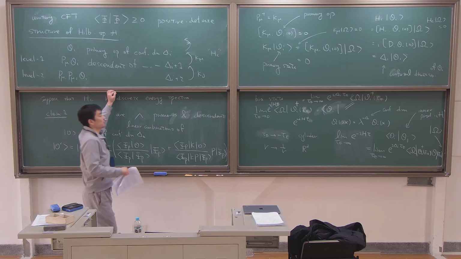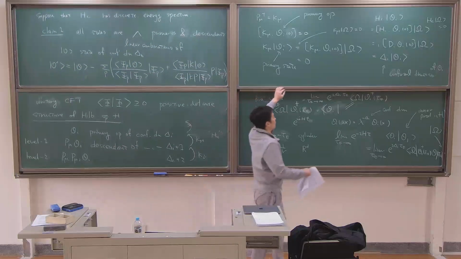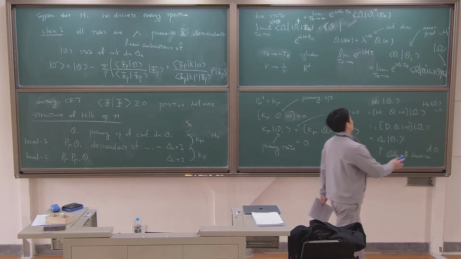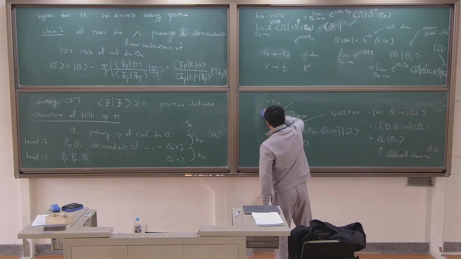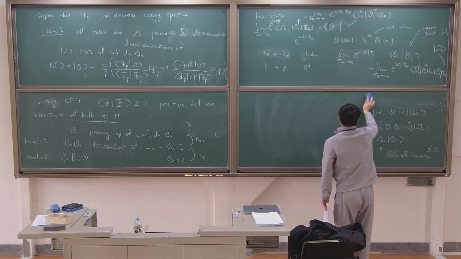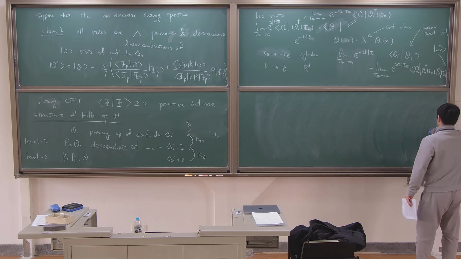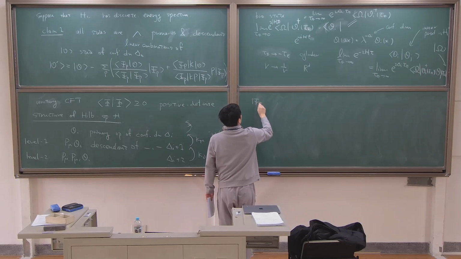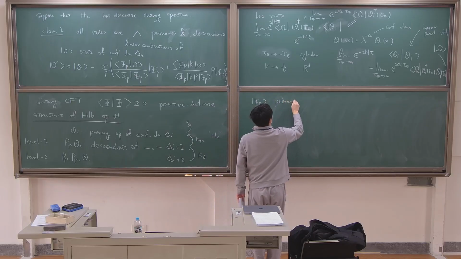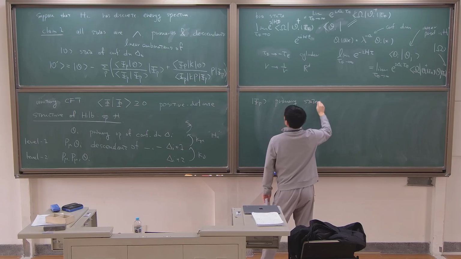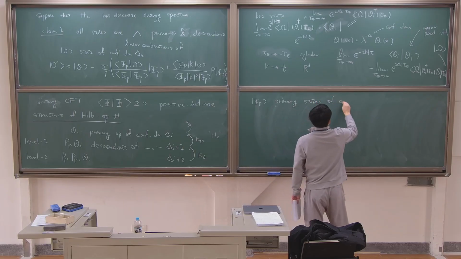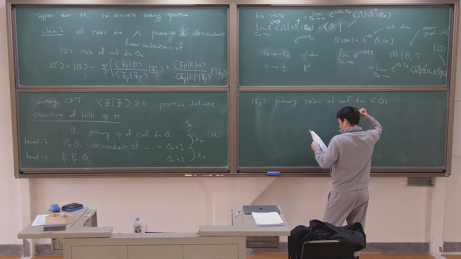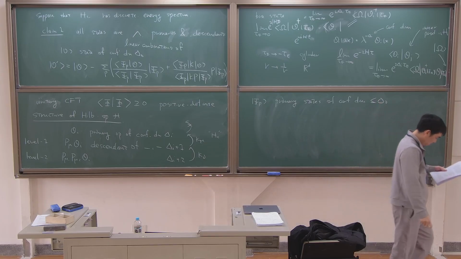What is the property of this state? Here psi_p are the primary states, with conformal dimension less than or equal to delta_0.